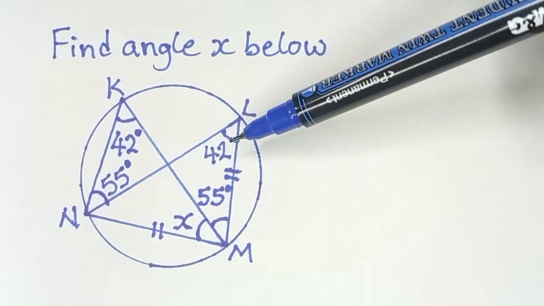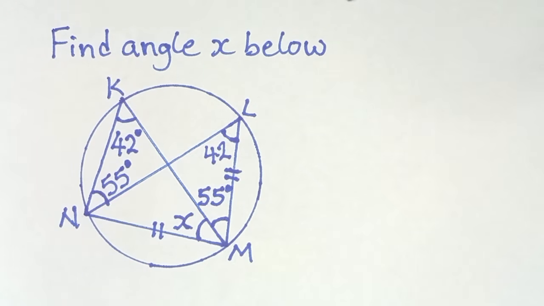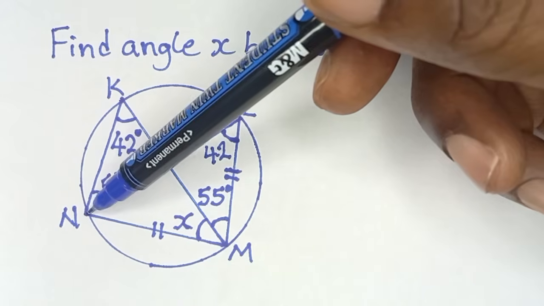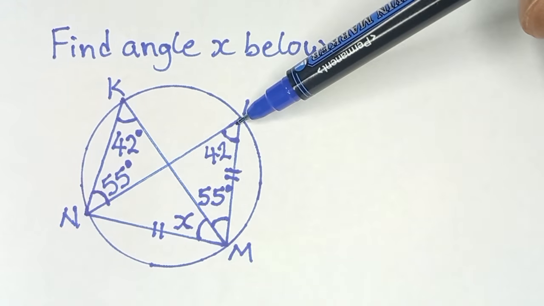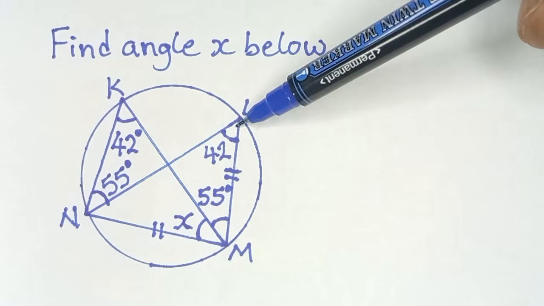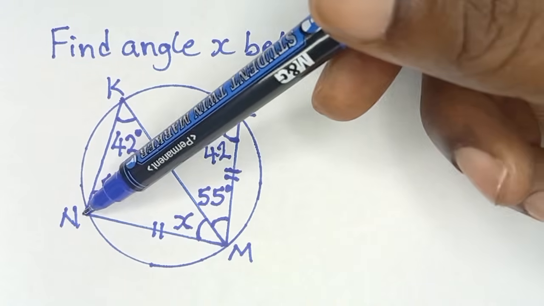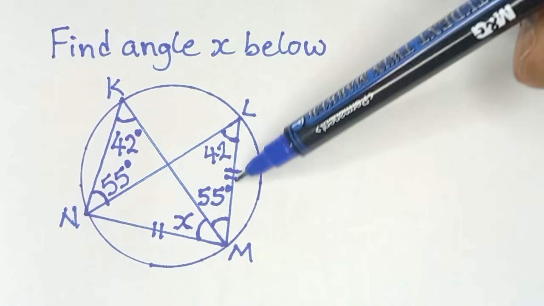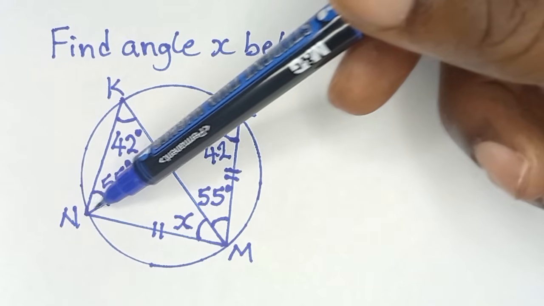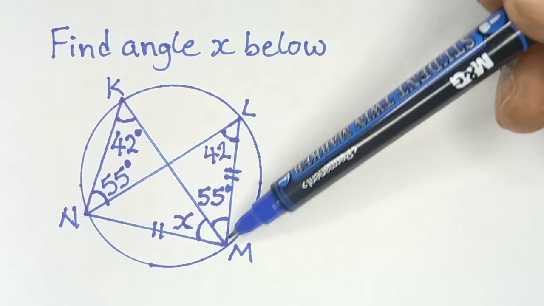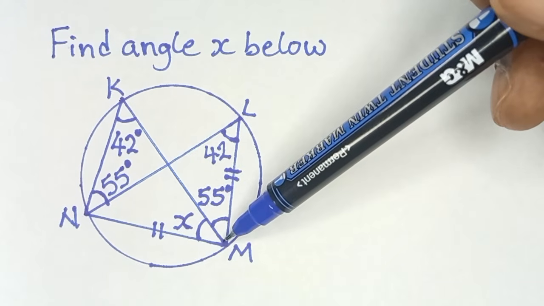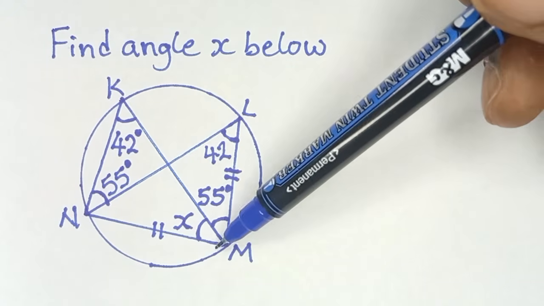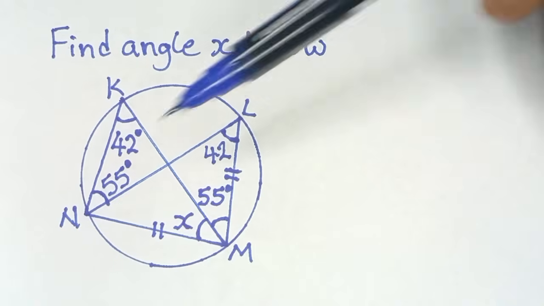That's the theorem. Now, if you look at it again, you see that this line here is equal to this line, meaning that this triangle is an isosceles triangle. A triangle where two sides are equal is called an isosceles triangle. So because this side is equal to this side, the two lines go to the base of the triangle to form equal angles.